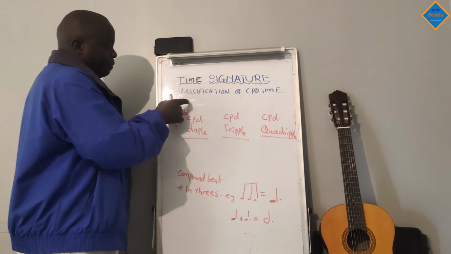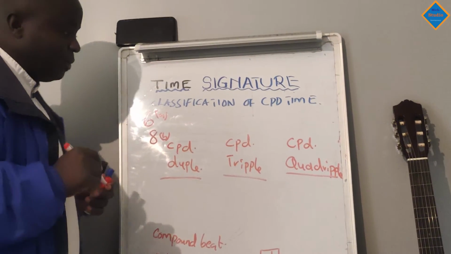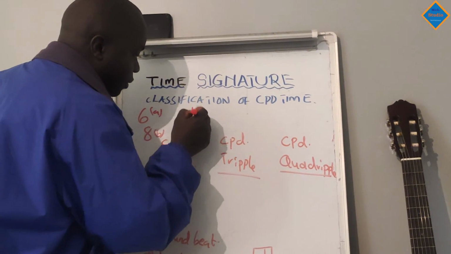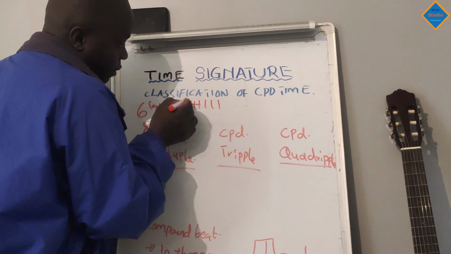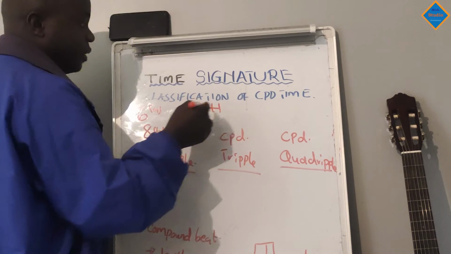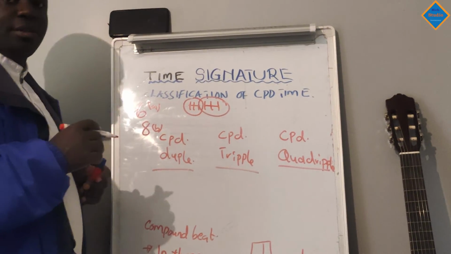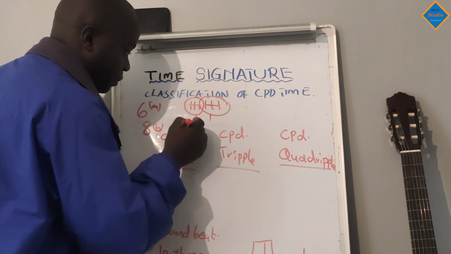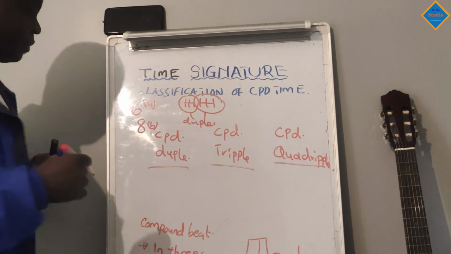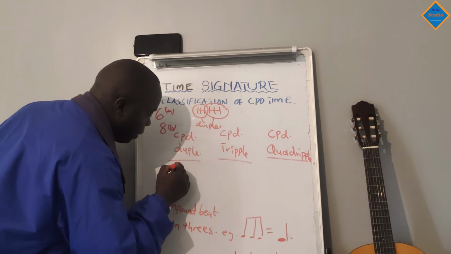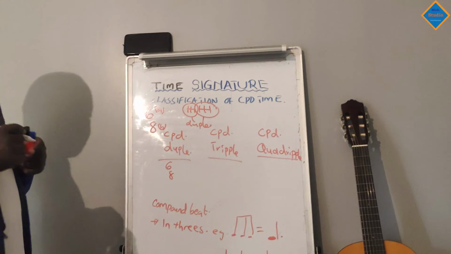If you group the upper number in threes, 1, 2, 3, 4, 5, 6, you'll find two bunches of threes. So you say this is duple. Therefore 6/8 is compound duple. So 6/8 is a good example there.